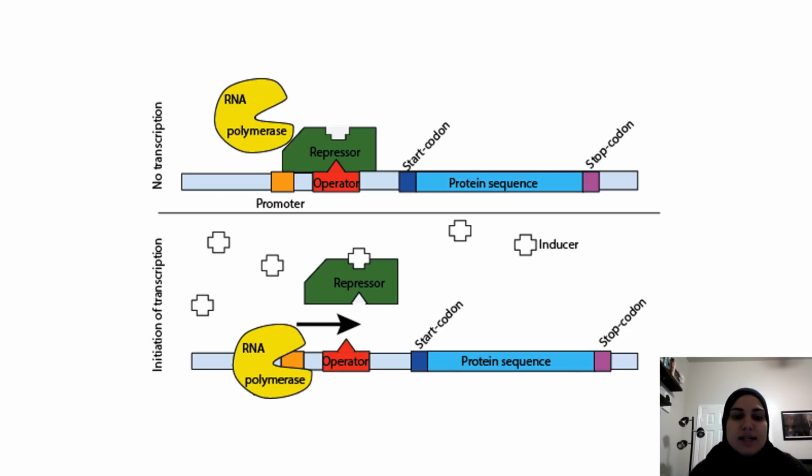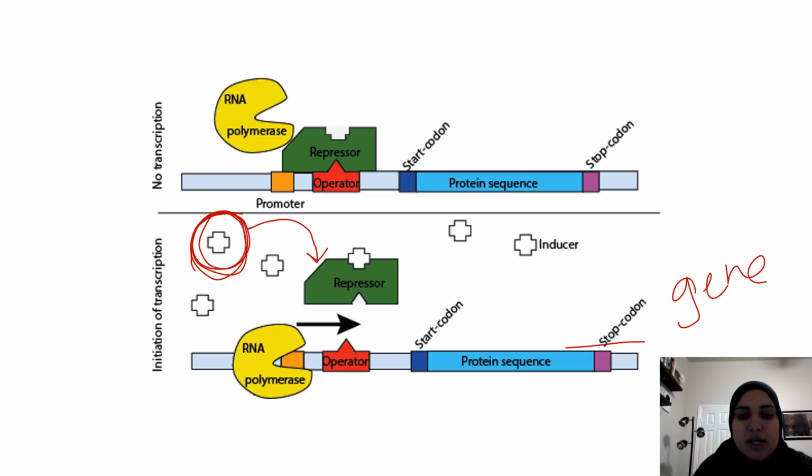So let's say, for example, you can break down milk. If you drink milk, then your body needs the enzyme, the protein, that can actually break it down. So in your body, if you drink milk, let's say that's what these little plus signs will be, then what I do is I will take this thing called a repressor off of my gene. So this line right here, that's my gene.